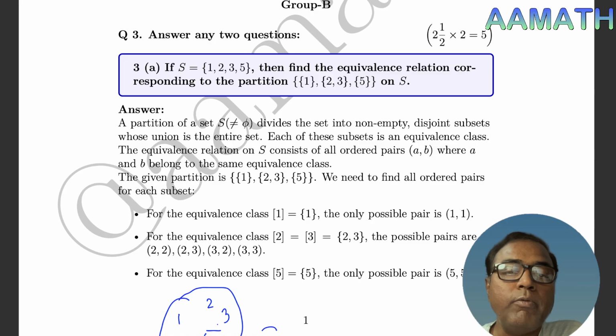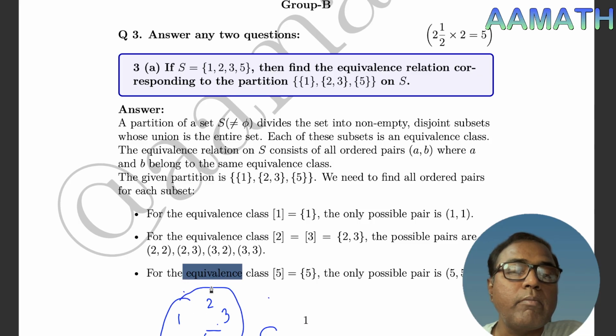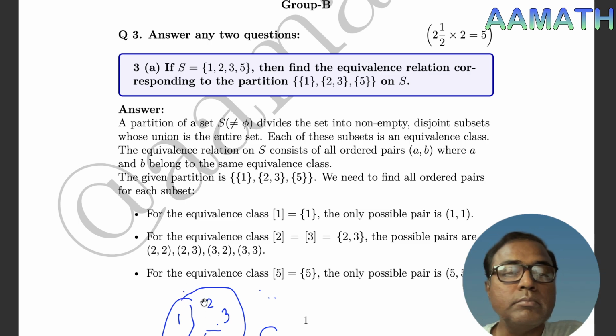Now, for this set S, we get a partition. These are non-empty disjoint subsets: this one, this one, and this one.